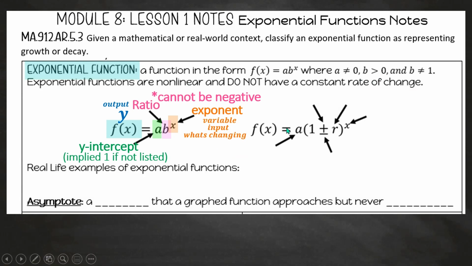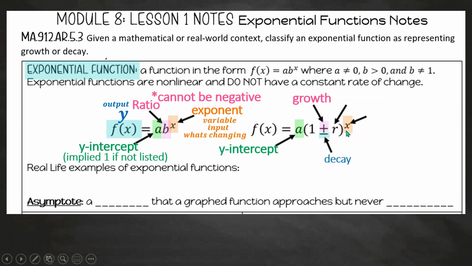Sometimes you will see an exponential function written in this format. Almost everything is exactly the same. We have our y-intercept for our a. If we are adding something to 1, that would make this whole parentheses greater than 1, so that would be showing growth. If we are subtracting something from 1, then our b term, what's in the parentheses, is going to be between 0 and 1, so that would show exponential decay.